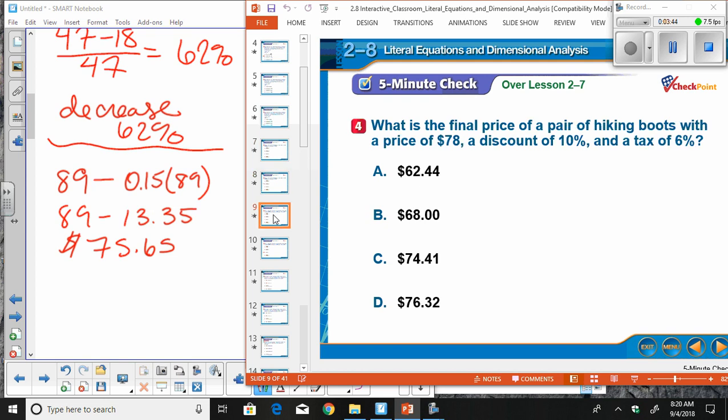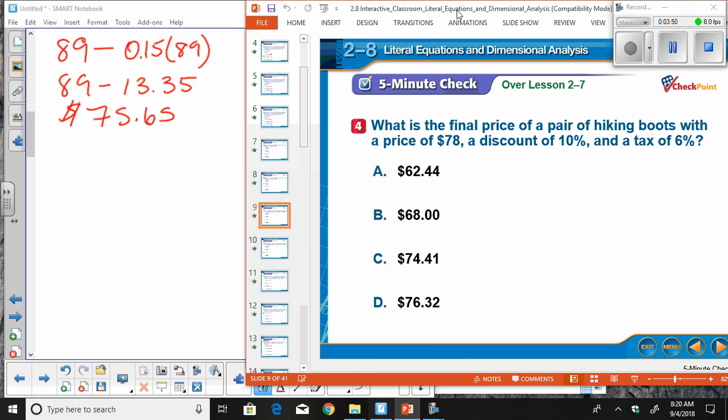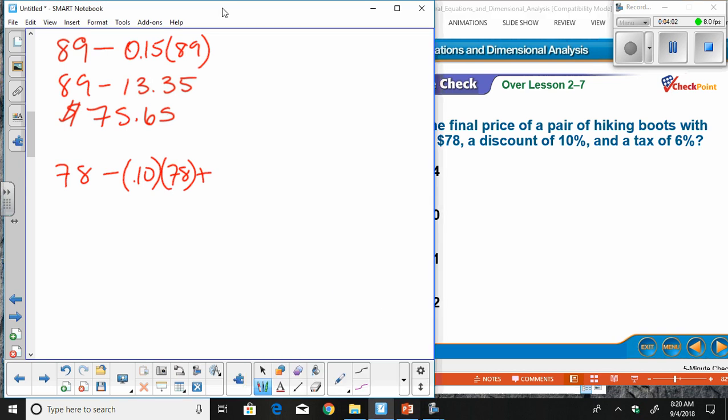There we go. What is the final price of a pair of hiking boots with a price of $78, discounted, again meaning subtract, by 10%? So we're finding 10% of 78 plus a 6% sales tax. Tax means we're adding it on.